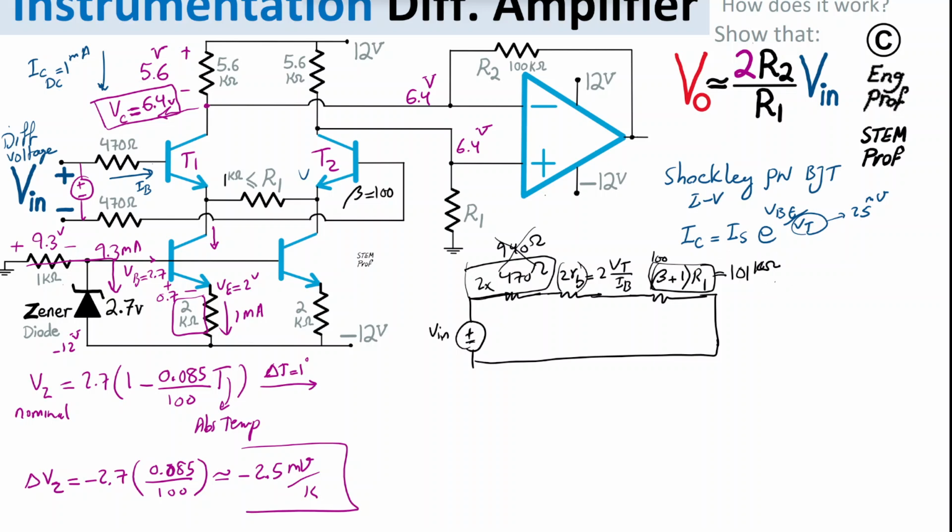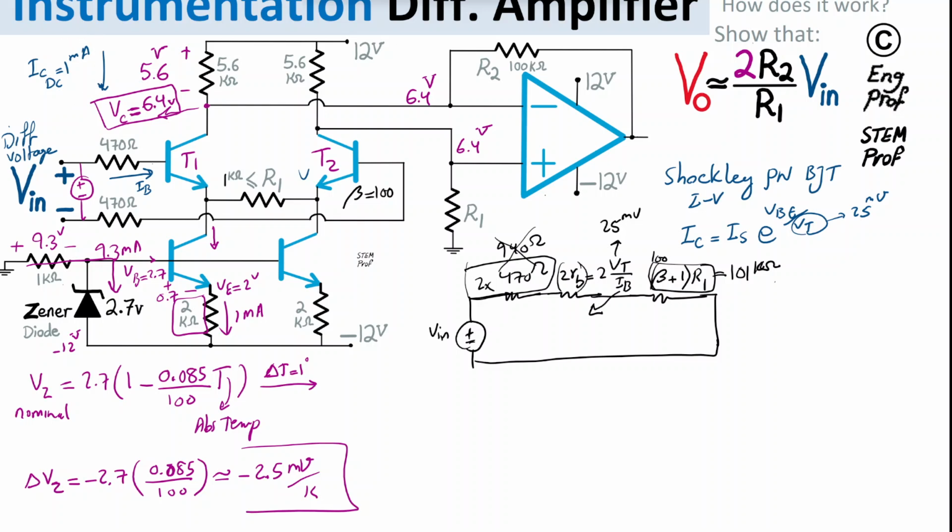Then let's look at the 2RB. As I mentioned, this uses 25 millivolt, the thermal voltage at nominal room temperature for a PN junction. We found the 1 milliamp DC bias current.